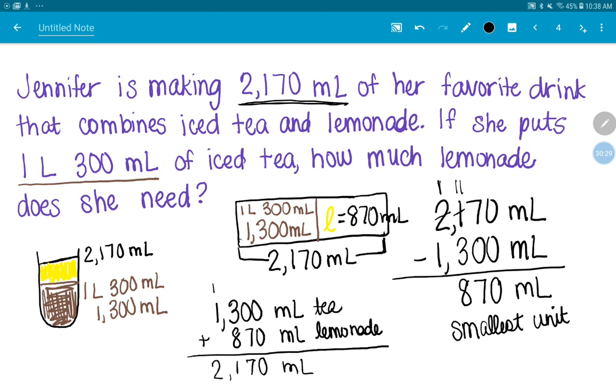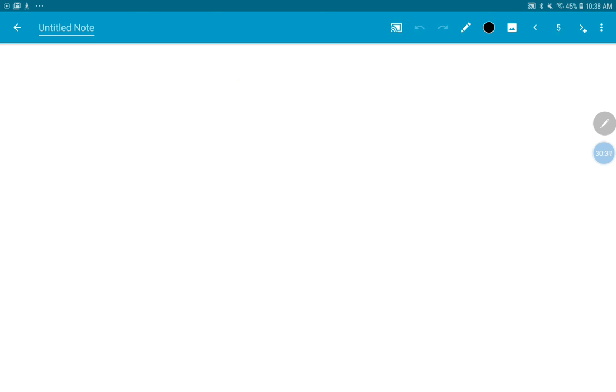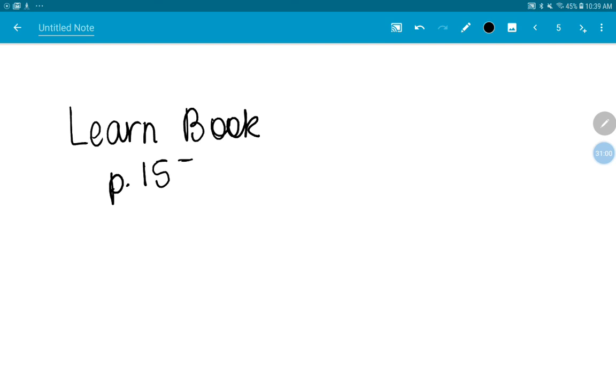Questions? All right. I need you to open your Learn book. Can we erase our... Yes, you may erase your work map. In your Learn book, you're going to work pages 155 and 156, both the front and the back.